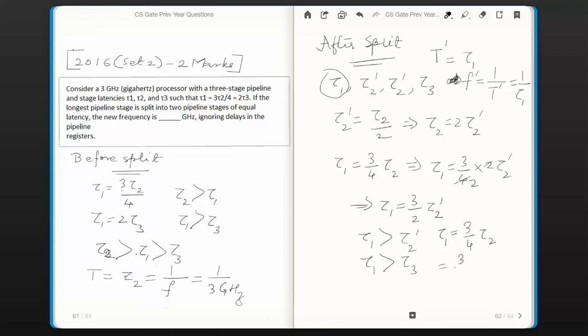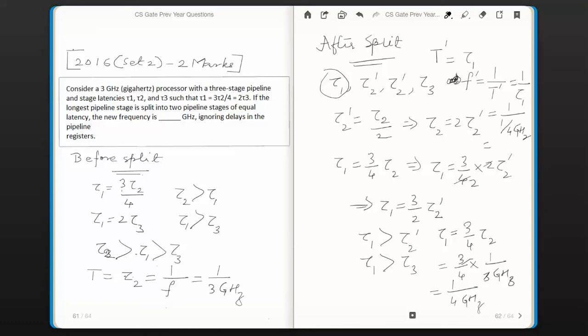Now let us put the value of tau 2 here. Tau 2 is 1 by 3 gigahertz. So 3 and 3 get cancelled out. So tau 1 is equal to 1 by 4 gigahertz. If we put the value of tau 1 in this formula, tau 1 is 1 by 4 gigahertz, so frequency is equal to 1 by 1 by 4 gigahertz.